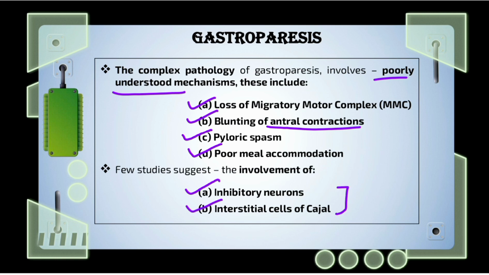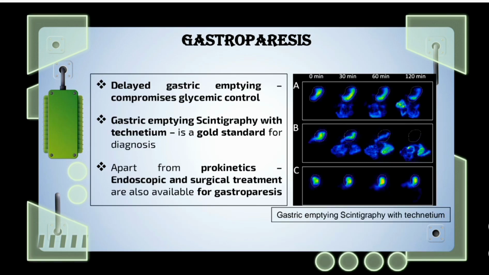Usually, these interstitial cells of Kajal function like pacemakers of the intestine, and are found in the circular muscles in the intestine. This delayed emptying of the gastric content also compromises the glycemic control in any patient with diabetes.